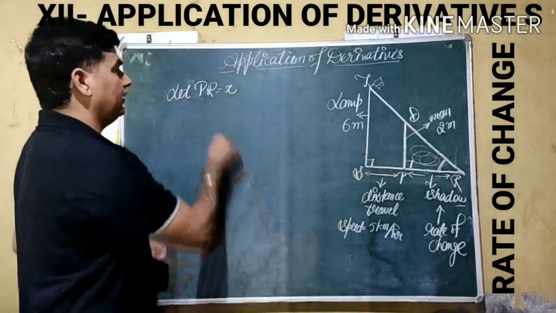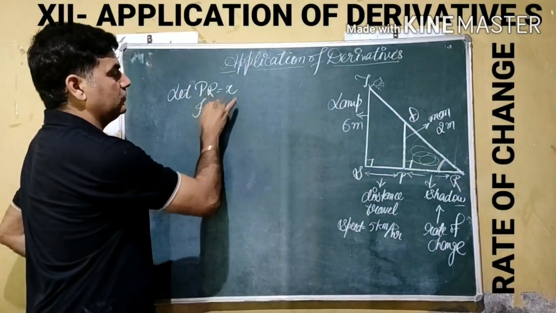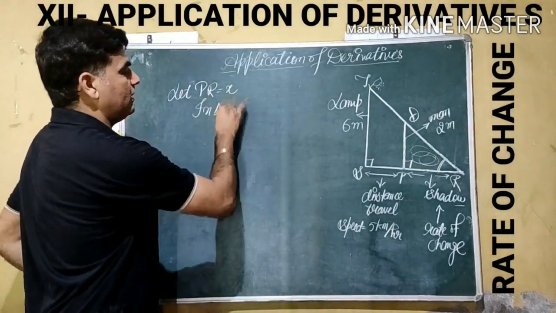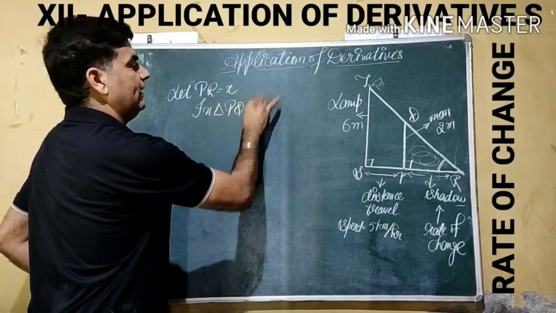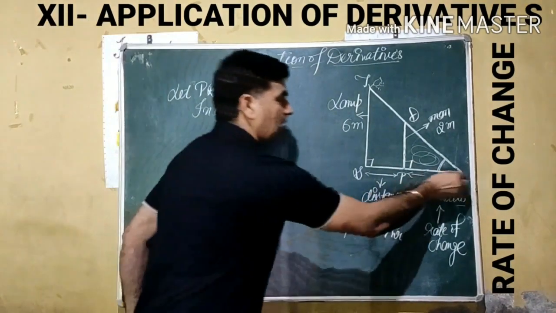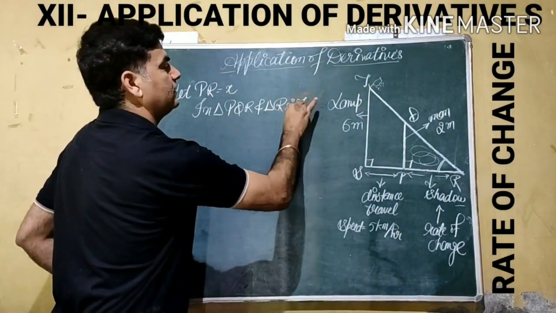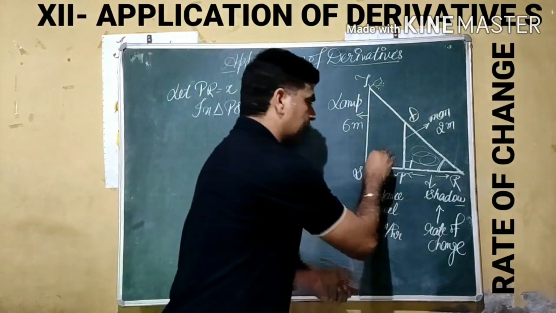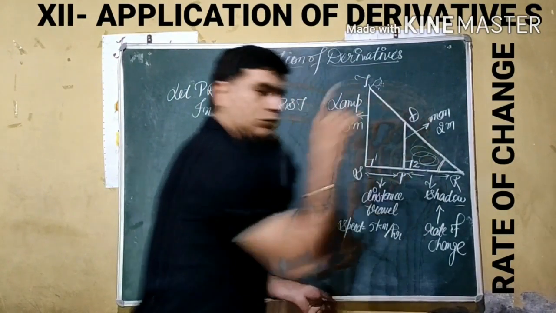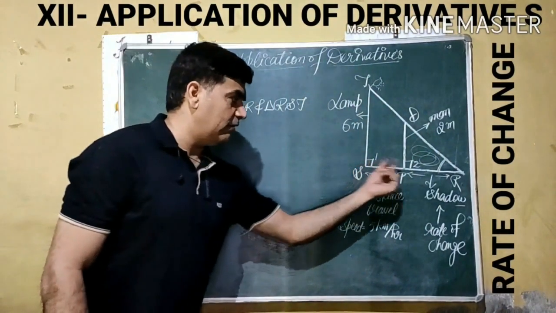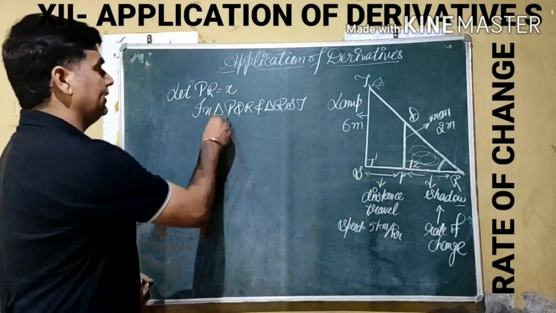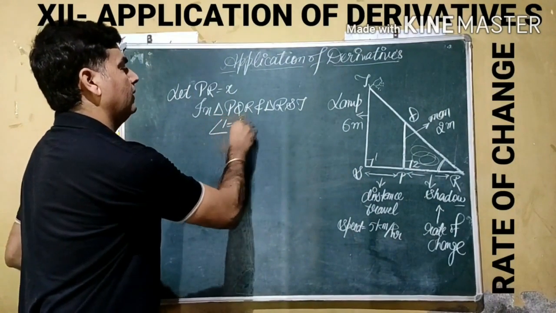In the small triangle, it is PQR, and the full triangle is RST. One of the angles is 90 degree, which is in both. One angle in bigger triangle, one angle in small triangle, it is given by 90 degree.